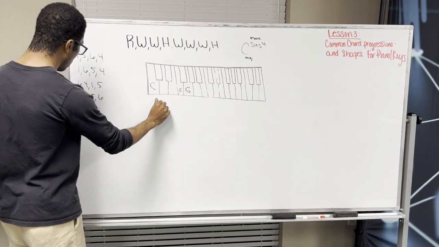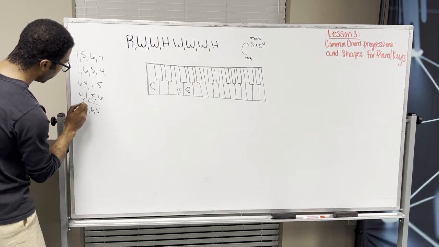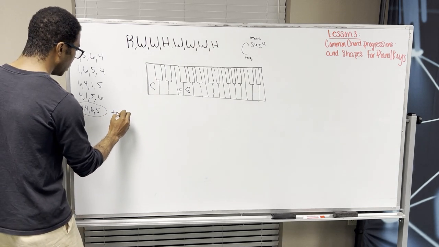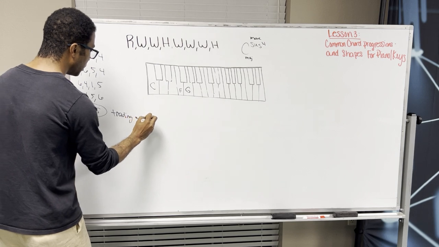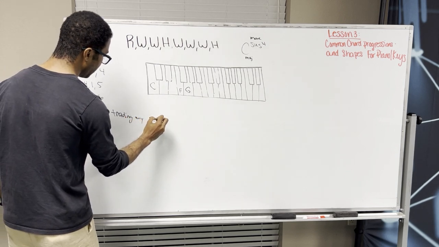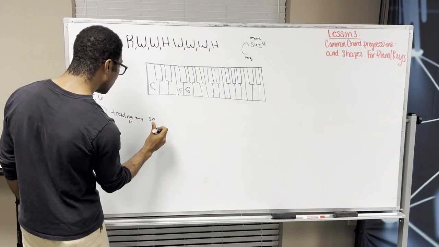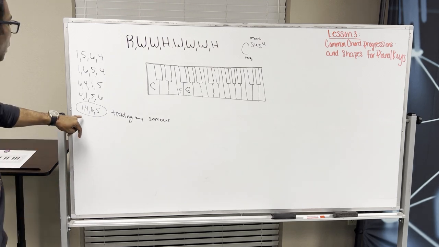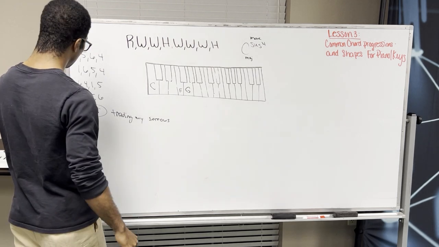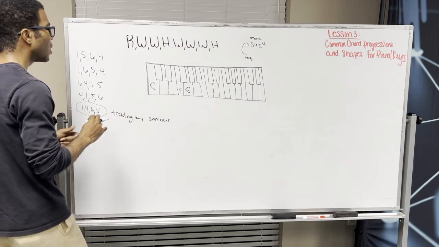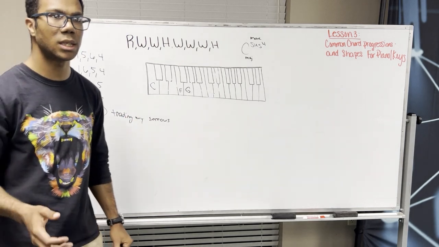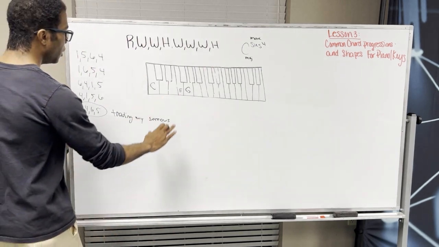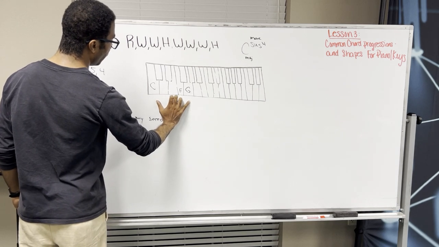We know our 1 of this chord progression, a 1, 4, 6, 5, is Trading My Sorrows. Right off the top, this sus4 helps us identify our 1 and our 4.